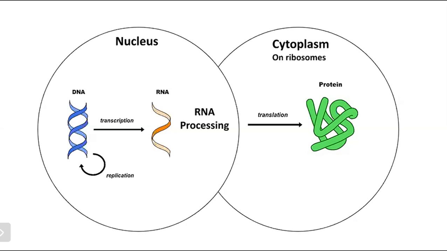There are many processing steps that we'll see later in that particular unit, and then that processed RNA molecule comes into the cytoplasm and gets translated on ribosomes. Proper RNA processing takes place only in eukaryotes because the nucleus is present and there is time or opportunity to process that RNA molecule.